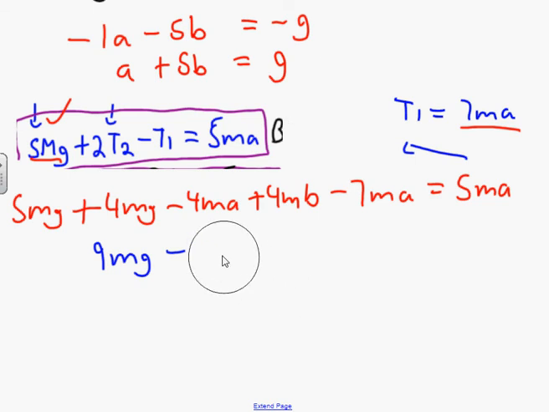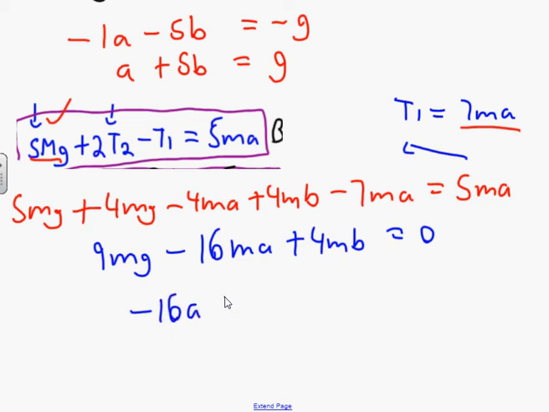So, bring the 5 over, it's minus 9ma, but then there's a minus 7 there as well, so it's minus 16ma. And then, how many mbs do we have? Just 4mb, equal to 0. Move everything over to one side, minus 16a plus 4b, and just striking off all the m's here. Minus 16a plus 4b equals minus 9mg.